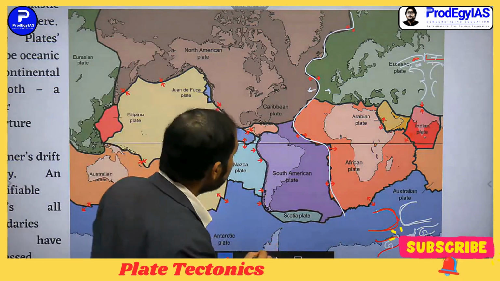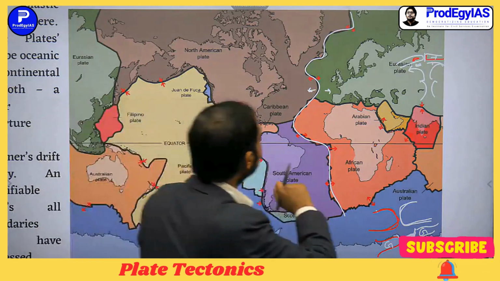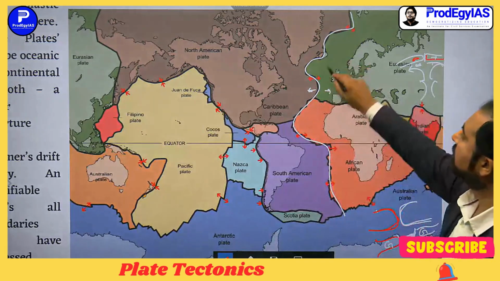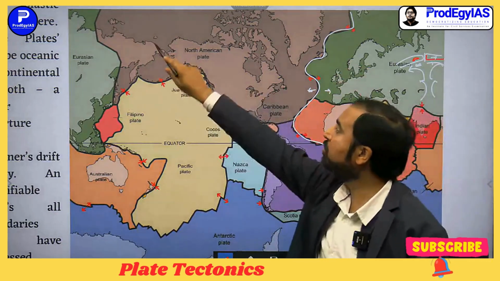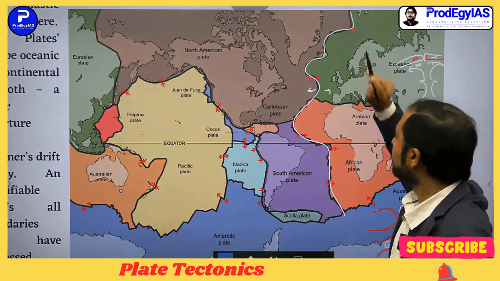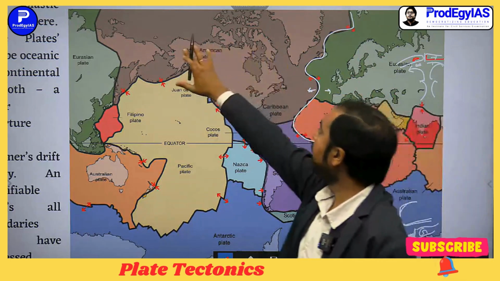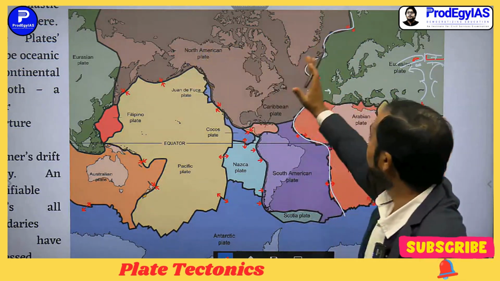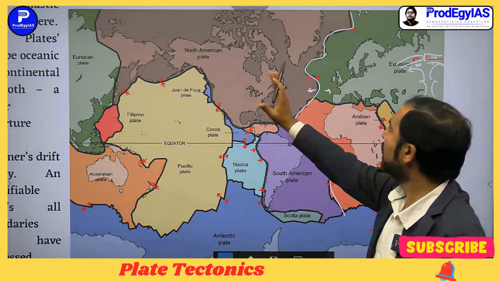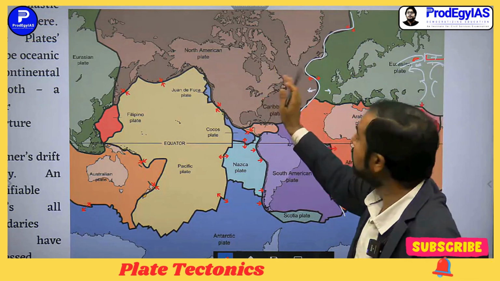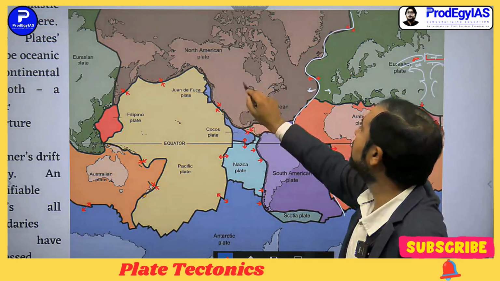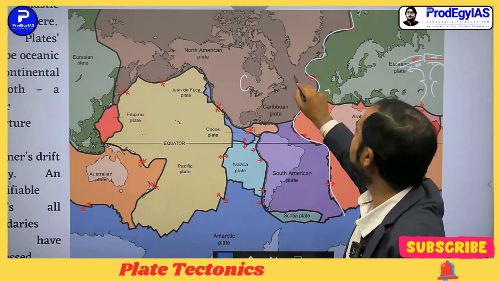So in this map, you can see that this is North American plate. This whole is North American plate, means all the North America and this western part of Atlantic Ocean. Means here the plate is continental as well as oceanic.